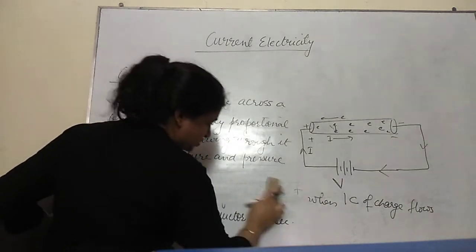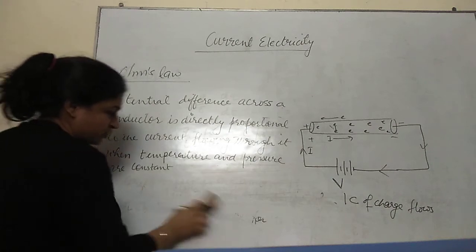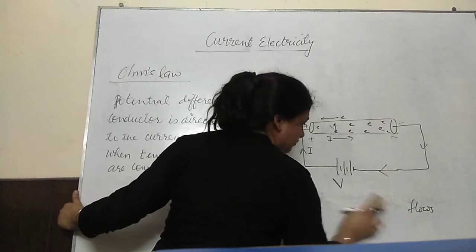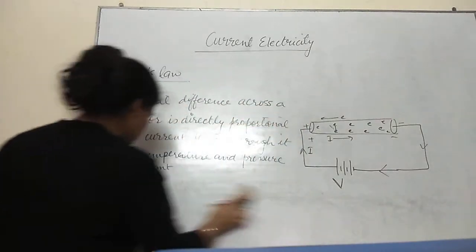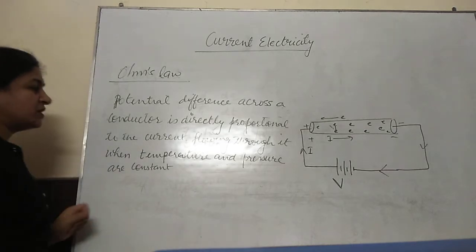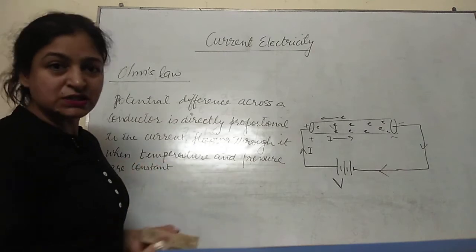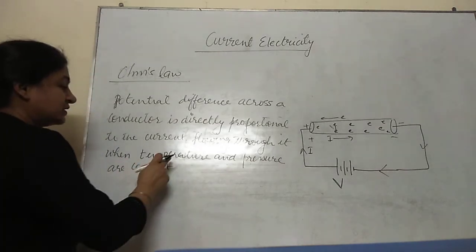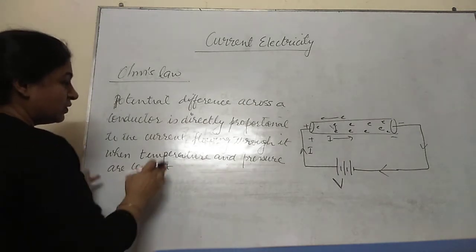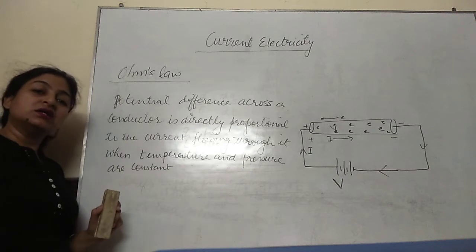So if the temperature is increased, the number of collisions of electrons would be more and the current would obviously be less. So the proportionality of the current on voltage would cease in this case if temperature and pressure are not constant. In that case, these will also contribute their portion. So we need to keep temperature, pressure and other conditions of the conductor constant.